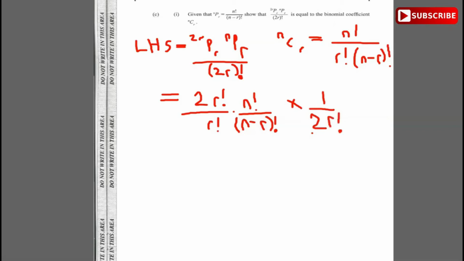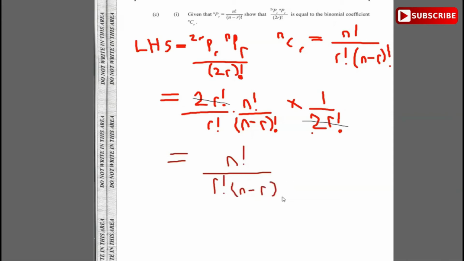All right, and so in reality, this 2r factorial will cancel this 2r factorial. And so what we're left with is n factorial over r factorial times n minus r factorial. Nice and easy, soft. So that's what we're left with.